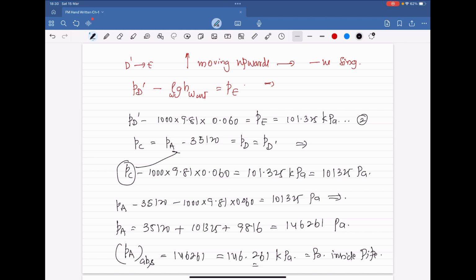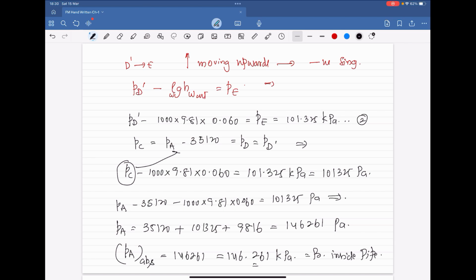That means they are on the metal surface, not directly on the fluid surface. Hence, the absolute values are the pressure with which water is flowing in the pipeline, the same inside the pipeline because the fluid is moving.